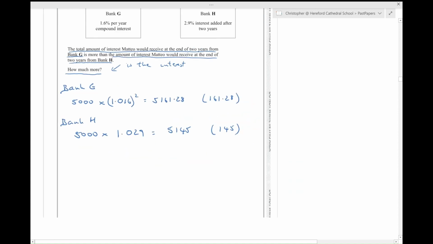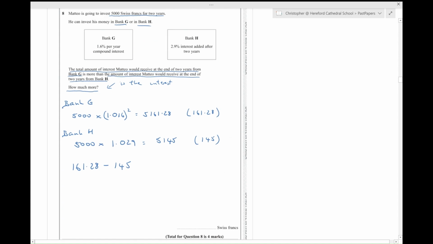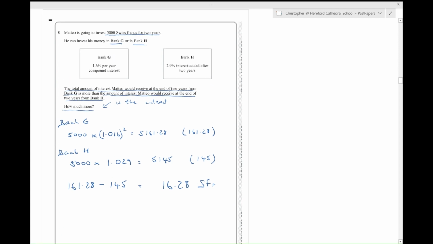So let's have a think about how much more interest he'd have got in Bank G compared to Bank H. That's the sum I have to do. And the answer on my calculator is that he would have got 16.28 Swiss francs more interest in Bank G than he got in Bank H.